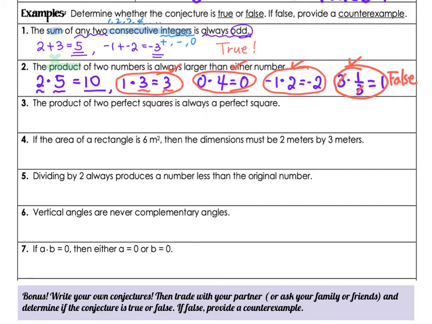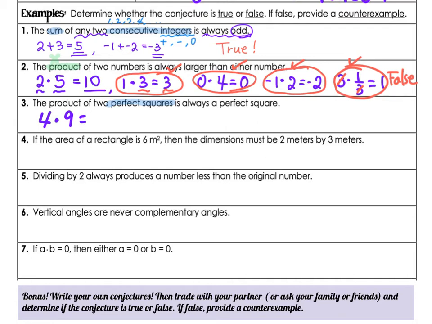Now let's move on to number 3. The product of two perfect squares is always a perfect square. So let's try some examples to see if we may find a counterexample or not. So here, what are perfect squares, guys? 4, 9, 16, 25, and so on. Any number that's squared is a perfect square, right? So let's try 4 times 9. 4 is 2 squared and 9 is 3 squared.